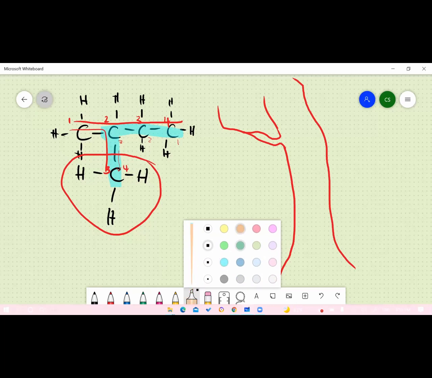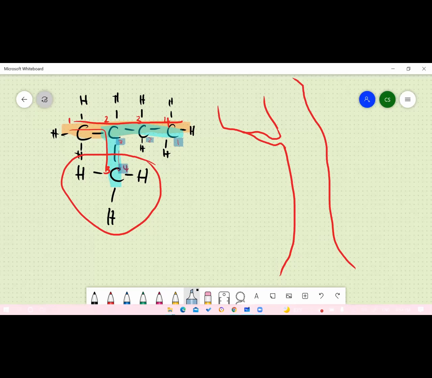If you go as a straight chain like this, that's also 4 carbons. And if you do this, that's just 3 carbons. So your longest chain is either the first straight chain or this blue chain.